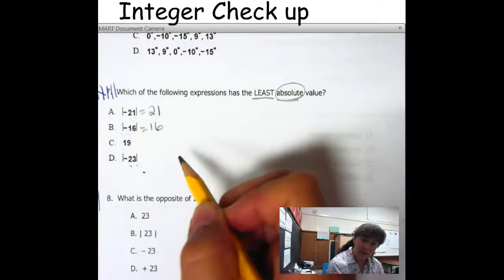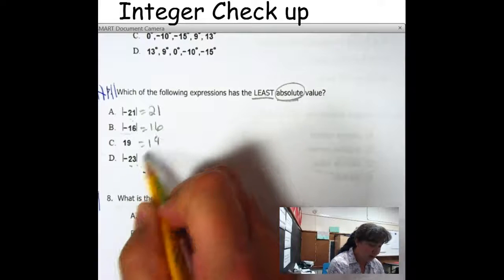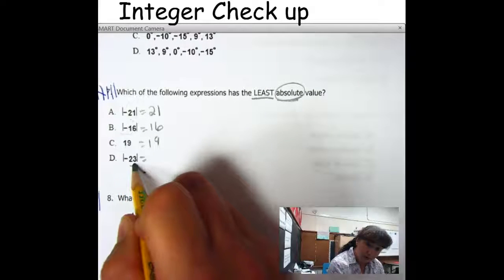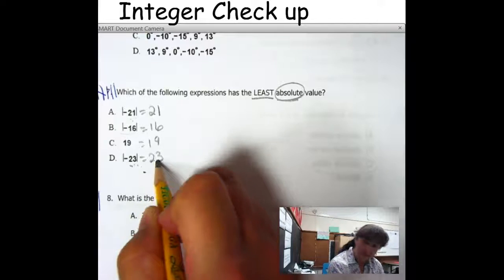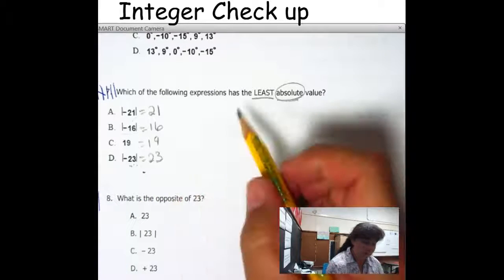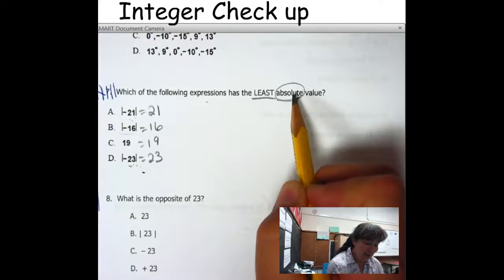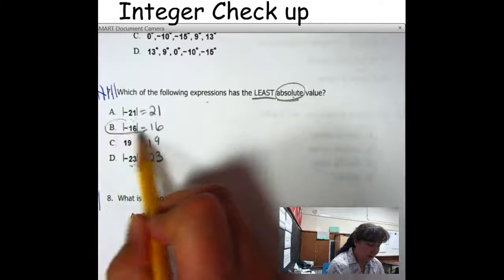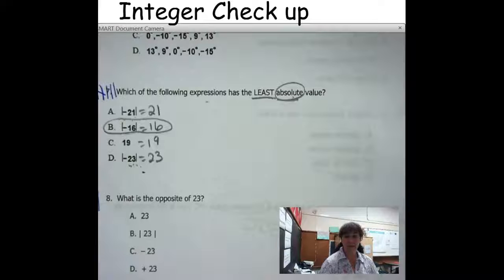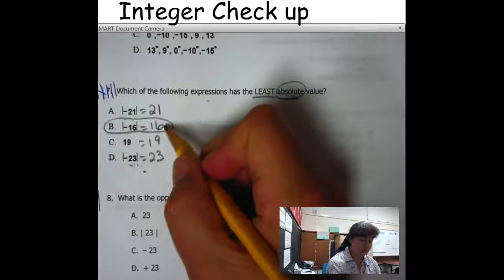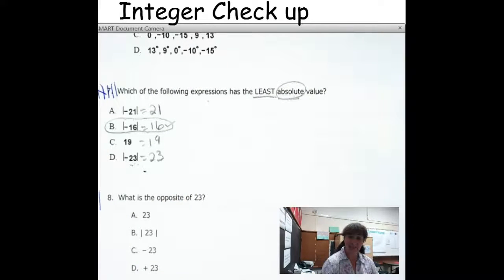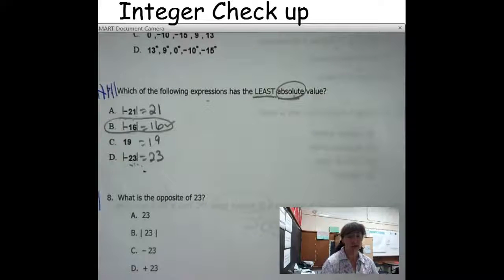The absolute value of negative 16 is 16. 19 is just 19. And the absolute value of negative 23, it's 23 spaces away. So the expression that has the least absolute value is letter B. Okay, we had to solve that, the absolute value. This one's only 16 places away. That's the least amount.